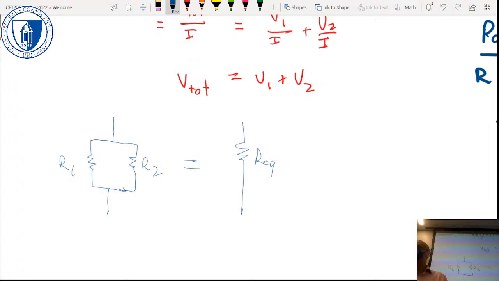So that's our question mark: R2 divided by R1 plus R2. And that idea is called the voltage divider. And it's basically applying series circuits slightly differently.